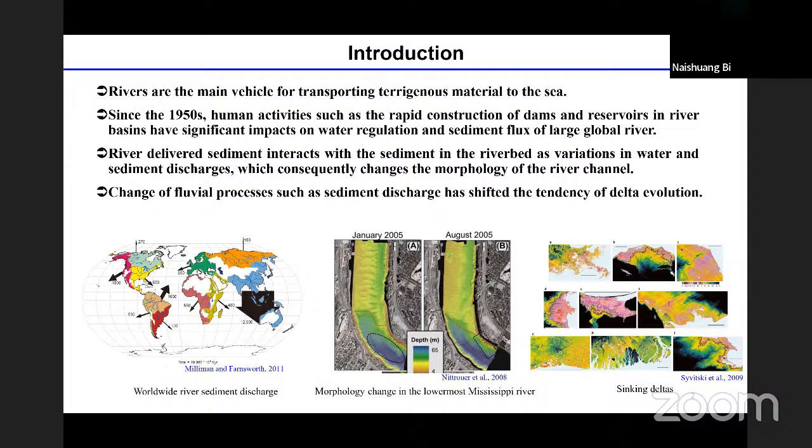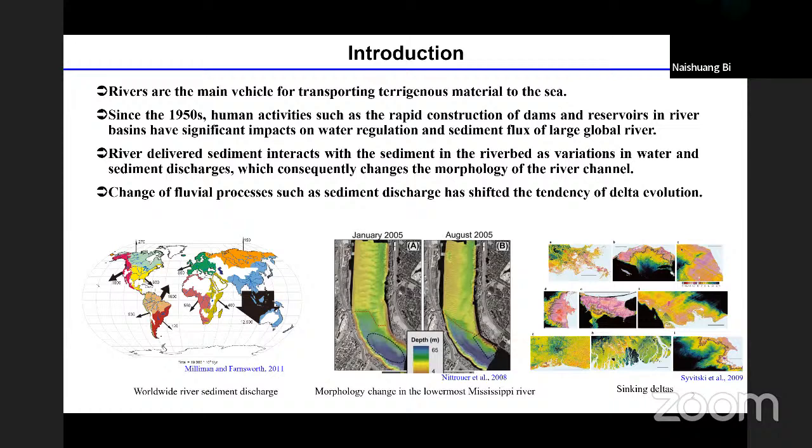Because of this change in sediment flux and water discharge, the river channel morphology also changes, because the river-delivered sediment interacts with the sediment in the riverbed as water and sediment discharges vary.